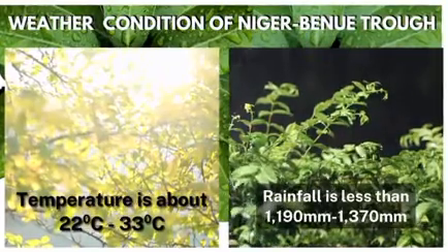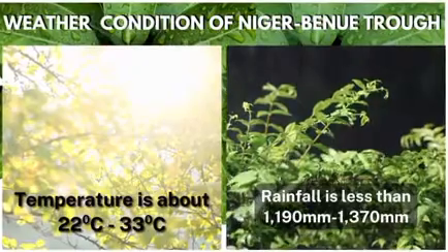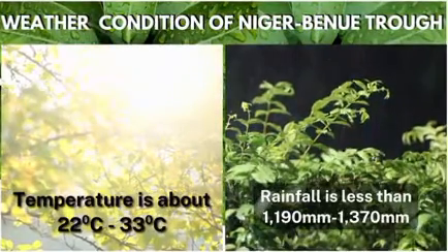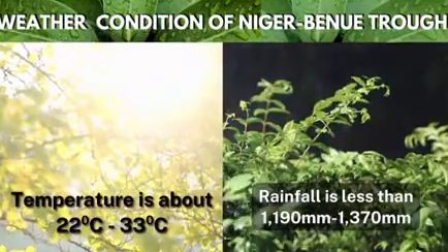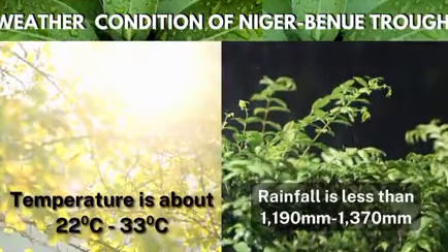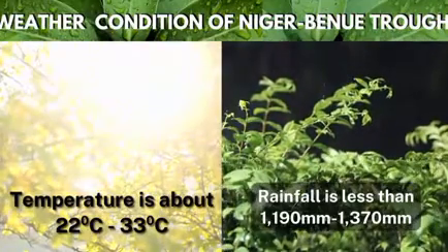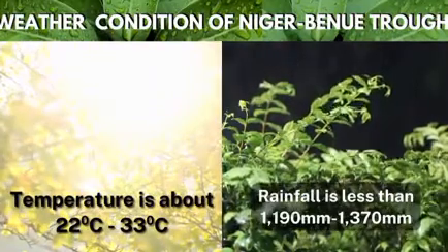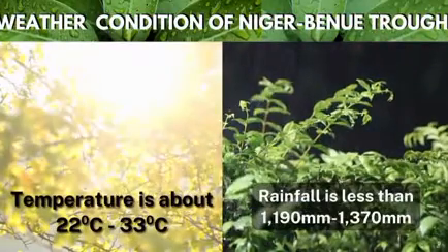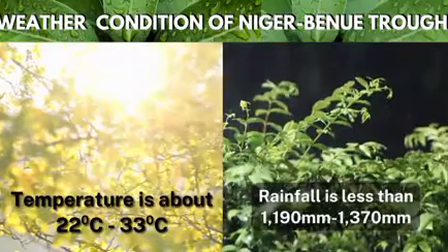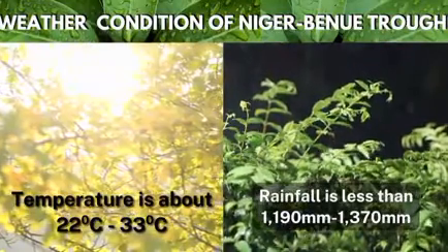Likewise, rainfall from 1,190 meters to 1,370 meters, an average rainfall, or probably what is called a mid-level rainfall per annum. The vegetation around here varies from forest in the southern region to savanna in the northern region, due to the fact that it cuts across the middle belt of Nigeria.